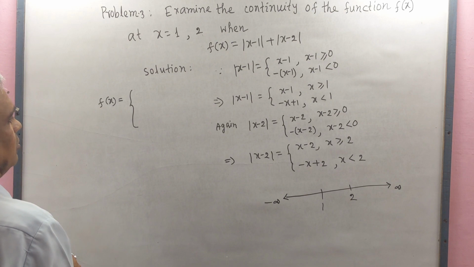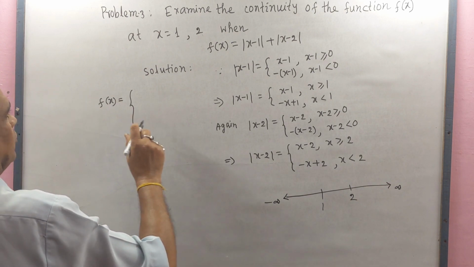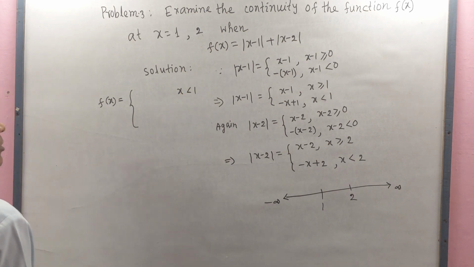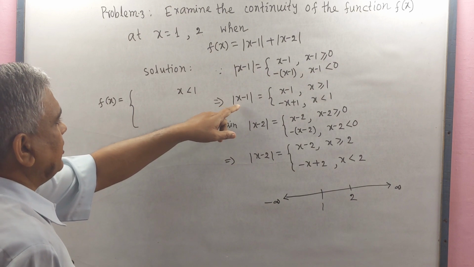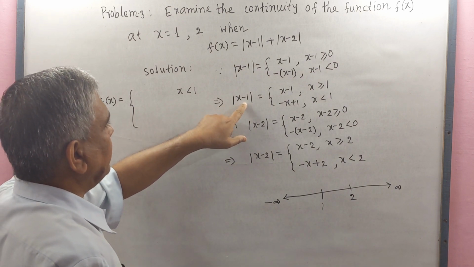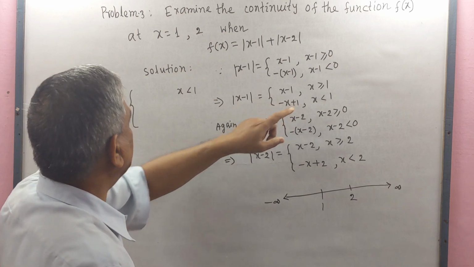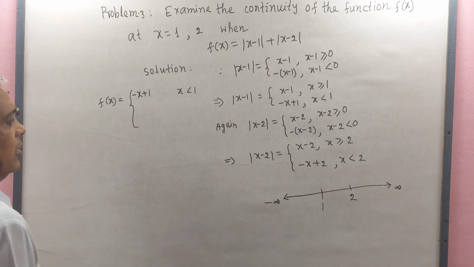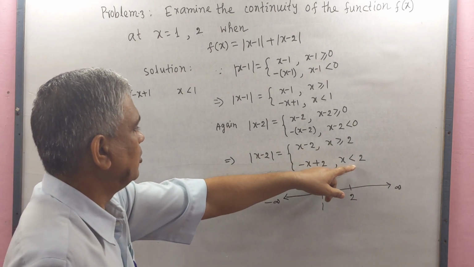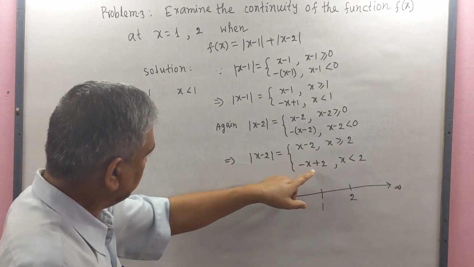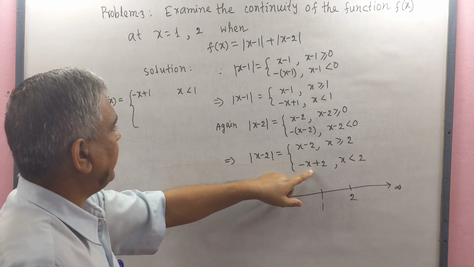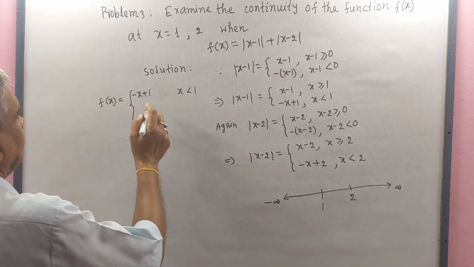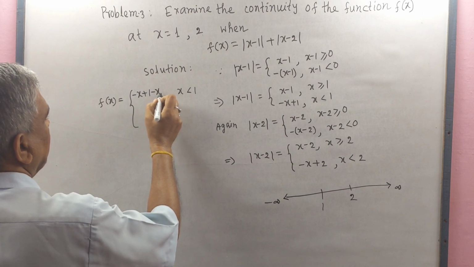That will be equal to, for x less than 1, modulus of x minus 1 is minus x plus 1, and modulus of x minus 2, applicable for x less than 1, is minus x plus 2.